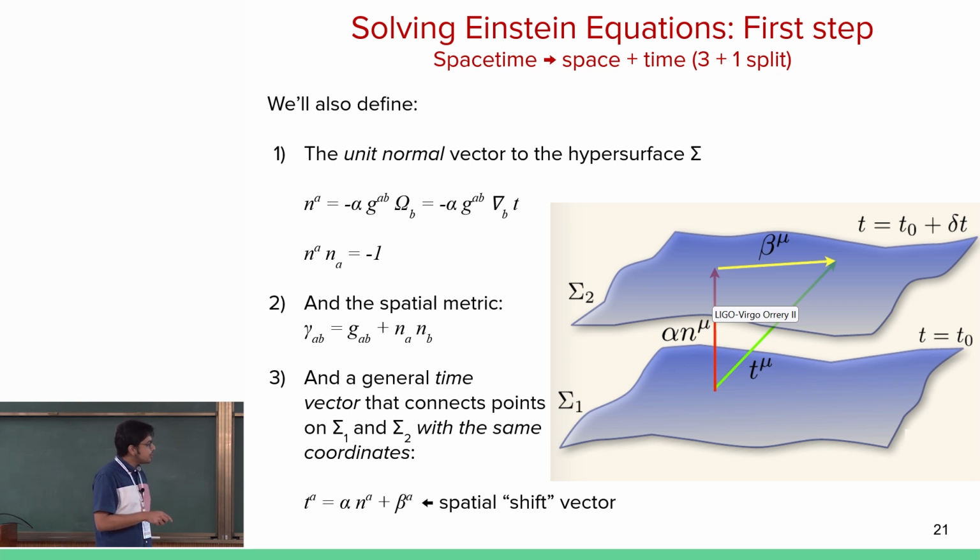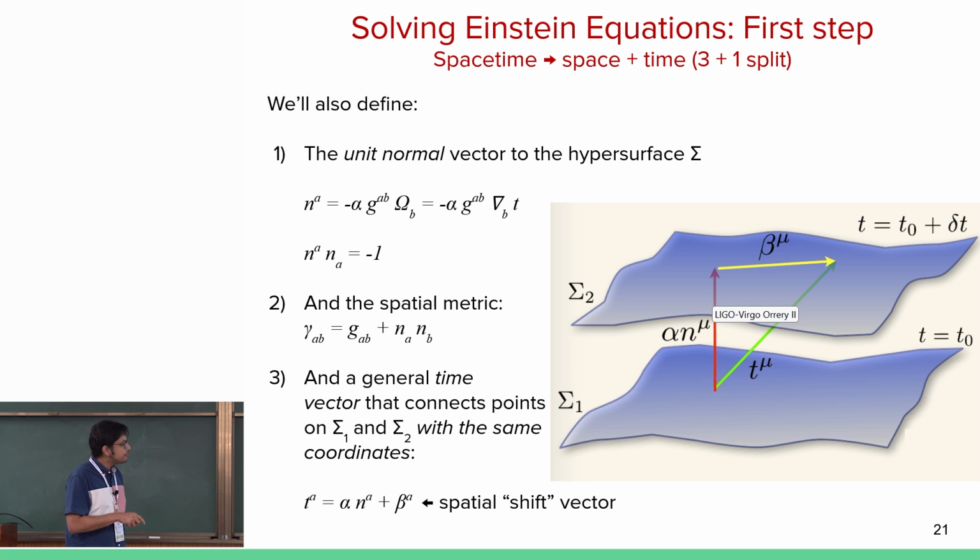And we can also define a general time vector. So imagine a coordinate observer, an observer which is sitting at a fixed coordinate location, say for example it's sitting at the origin of your spatial coordinate system, and it doesn't move from the coordinate origin, right?